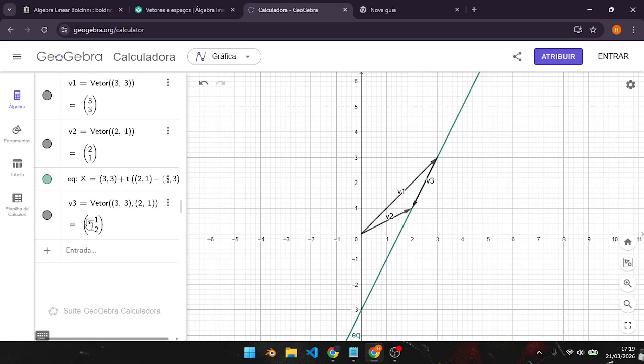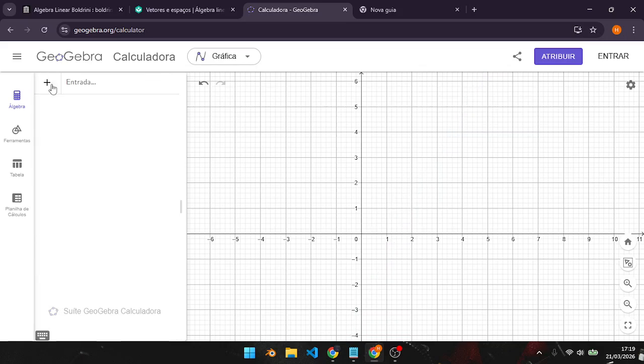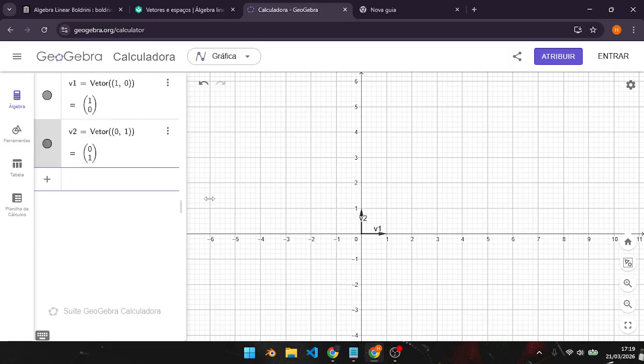For example, we can have a set of vectors that are simply (1, 0) and (0, 1). These are the classic ones. It's simply a set of two vectors in this case.